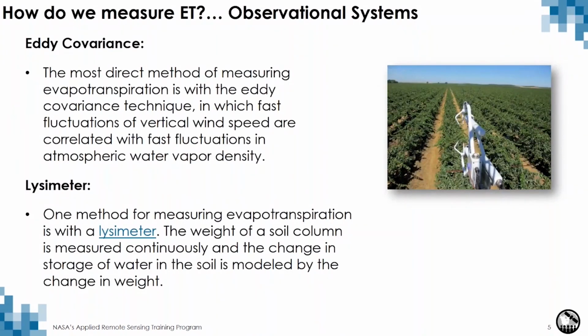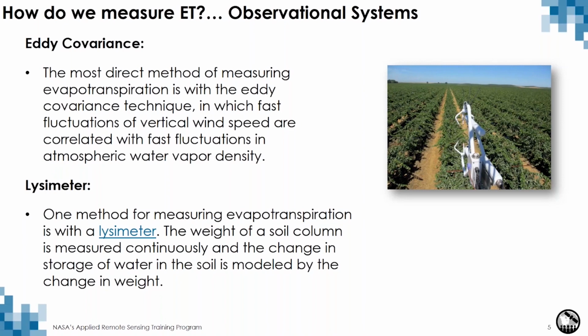So I wanted to go through the next couple of slides talking about how we measure ET in a couple of different ways. First off, we have ground-based methods for measuring evapotranspiration. The two main ones are eddy covariance. These are instruments put on towers over a field, over an area where you would like to understand the dynamics of evapotranspiration.